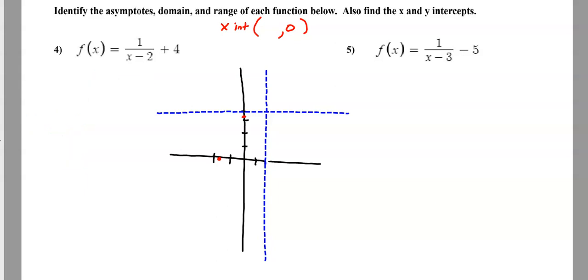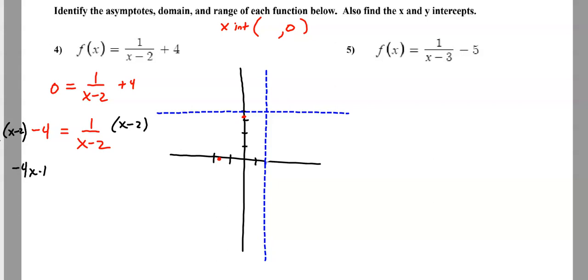So let's just look at that x-intercept one more time and see what I did wrong. -4 from both sides. Multiply both sides by x minus 2. It's going to be -4x plus 8 equals 1. I see what I did.